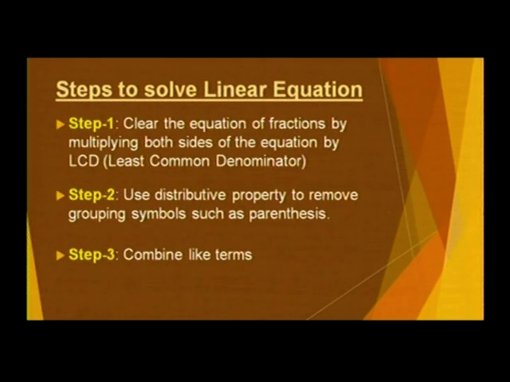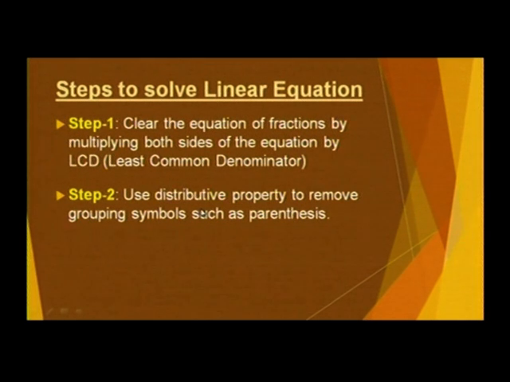And next, step 2. Use the distributive property to remove grouping symbols such as parentheses. So, the second step is to use the distributive property. What is the distributive property?